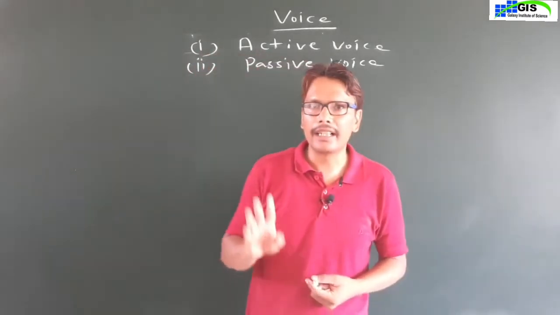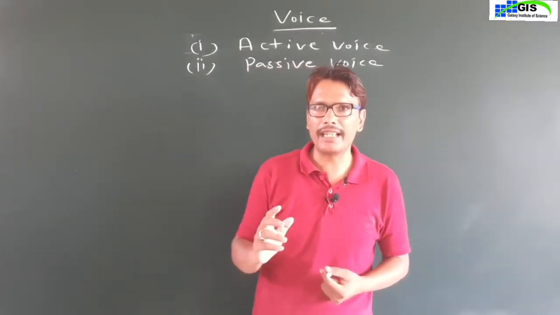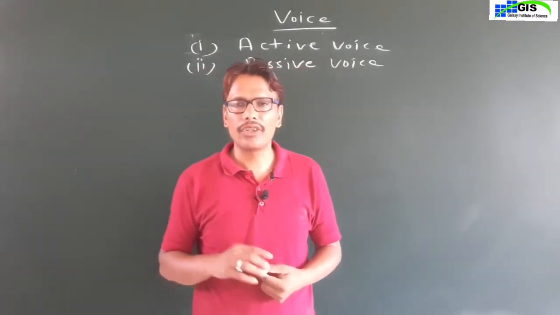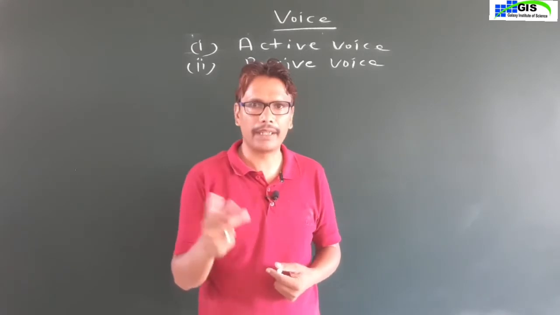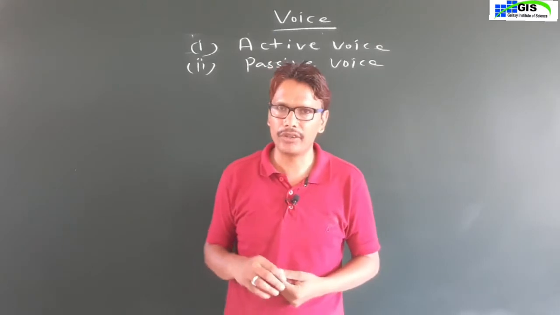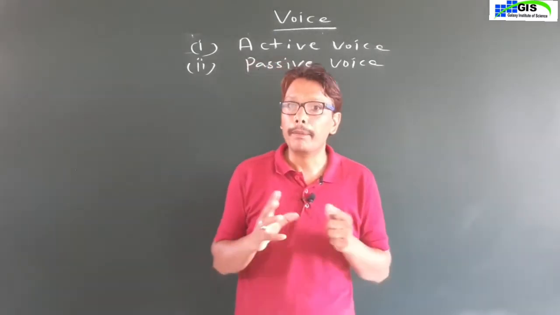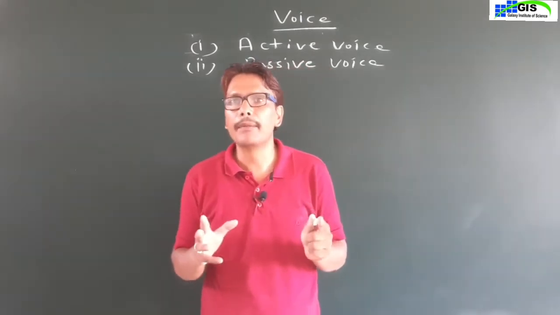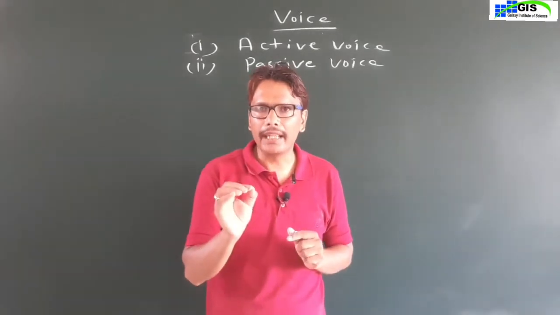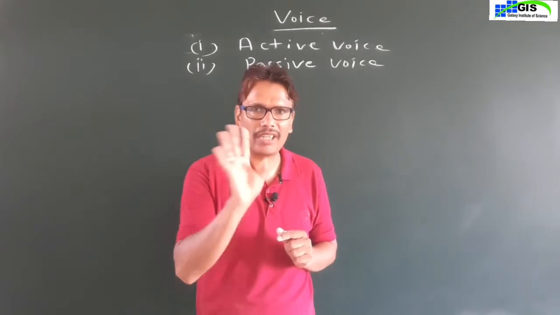Secondly, there are 12 tenses, meaning 3 types of tense: present, past and future. In present, there are 4 tenses: indefinite, continuous, perfect and perfect continuous. In past, indefinite, continuous, perfect and perfect continuous. In future, indefinite, continuous, perfect and perfect continuous. Of the 12 tenses, we transform only 8 tenses into passive voice.